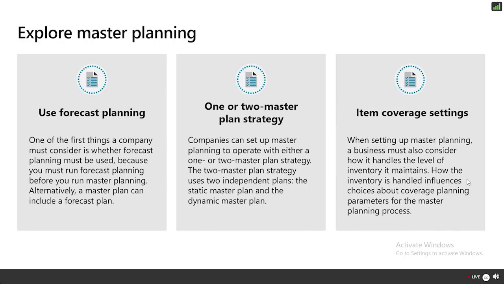But every time master planning runs, it's examining the settings on the items that you specified in the plan. And not all items need to be included. You could have a different set of items that run each and every time. For instance, one day you might have all the manufactured items that are run, and on the other day you might have all the purchased items that run together.